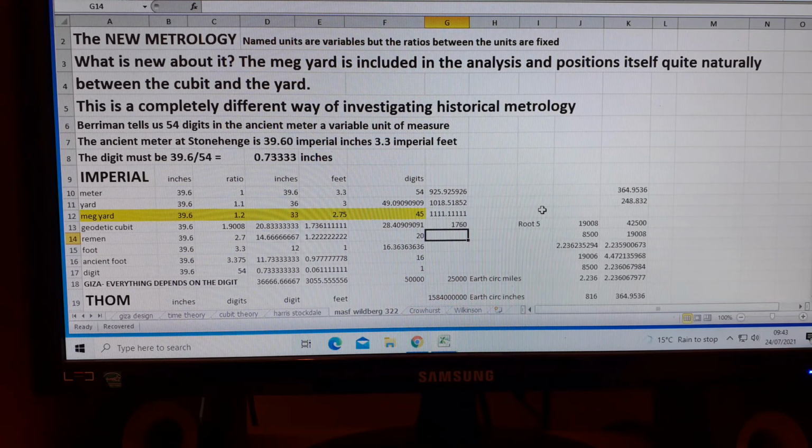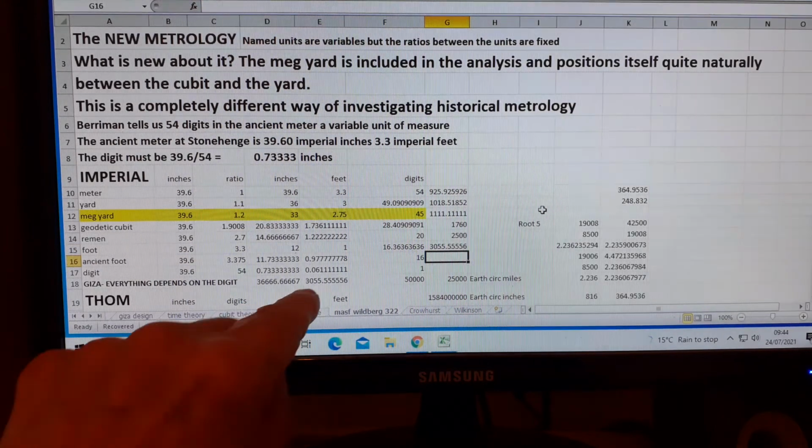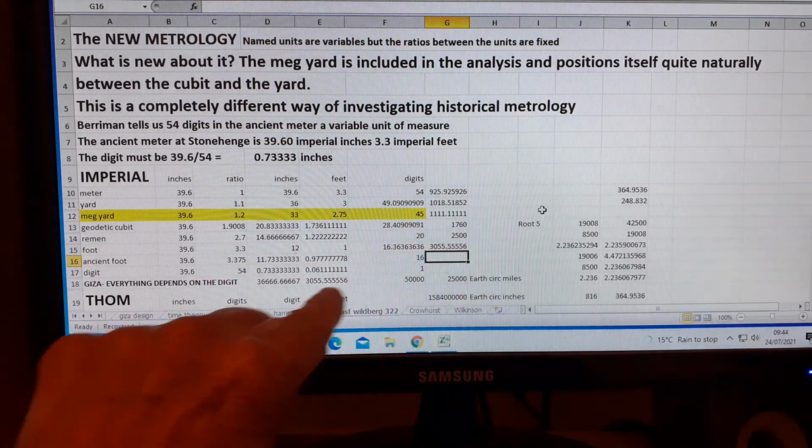Another question answered. The Remen is 20 digits. How many Remen in the Giza base is very obvious. How many modern feet? Another question answered. There it is. It's the same.